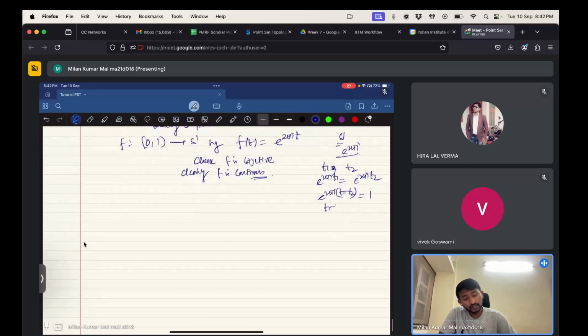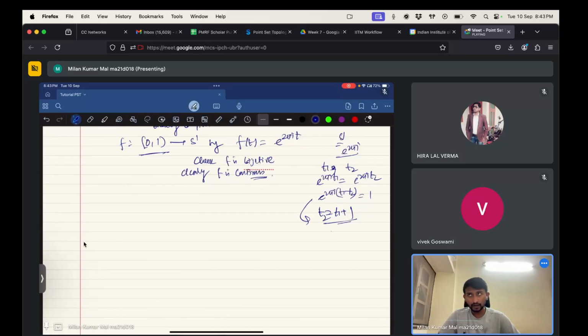Then t1 minus t2 needs to be an integer. Otherwise t1 and t2 will be a distance 1 apart. For example, if t2 equals t1 plus 1, then this will be 1.